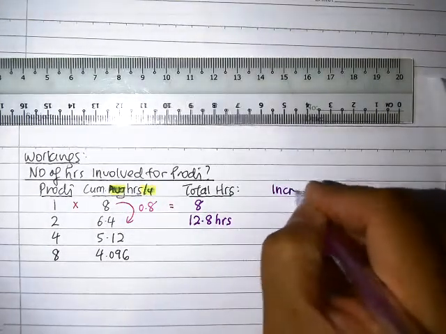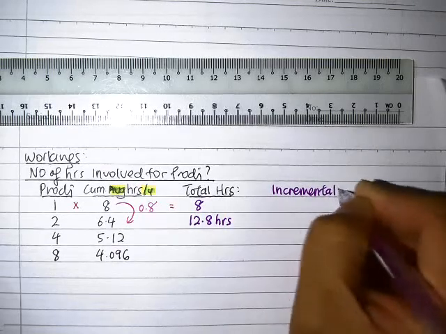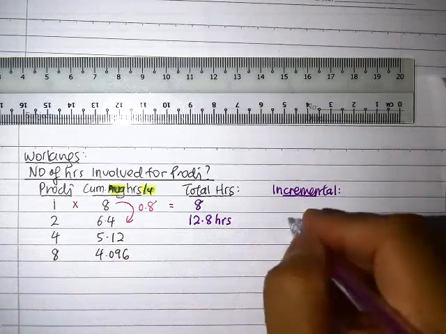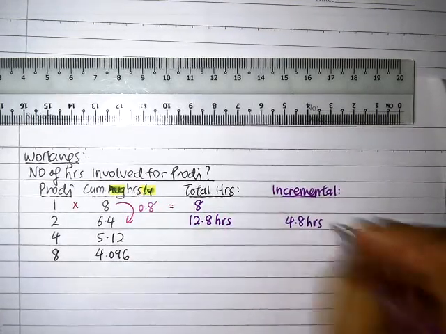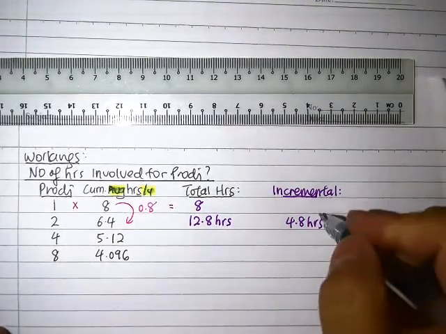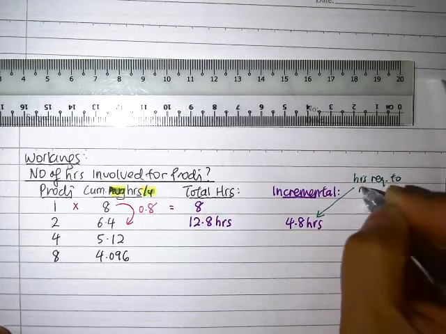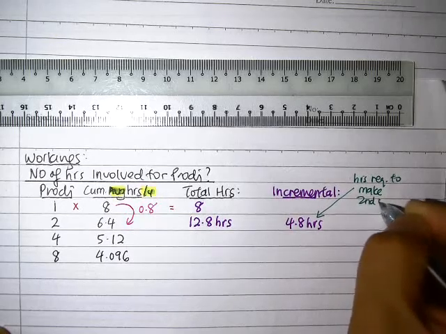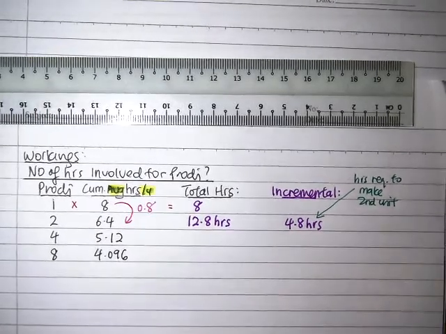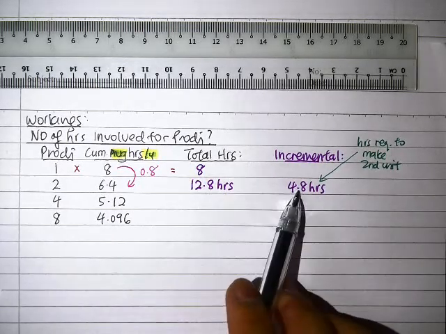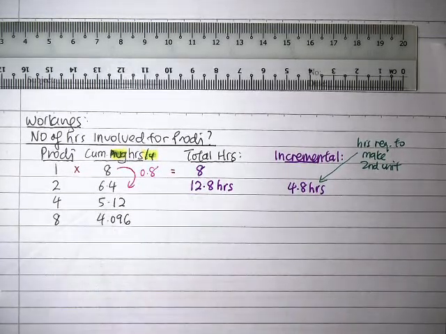The incremental from 8 to 12.8 is 4.8 hours. What is that 4.8 hours? It is the hours you need to make the second unit. You can see how the hours are cut from 8 to 4.8 because of the learning effect. With 8 and 4.8 making 12.8, the average is 6.4.